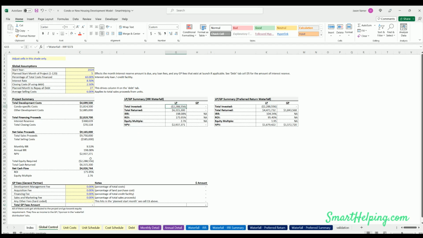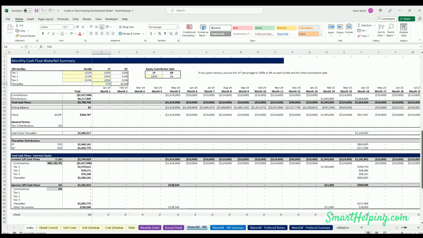So yeah, you can see 228, 228, 6315. Yeah, so these are identical to the project. 198 IRR, 175 ROI. Okay, let me undo that so you can still see as we go along here.